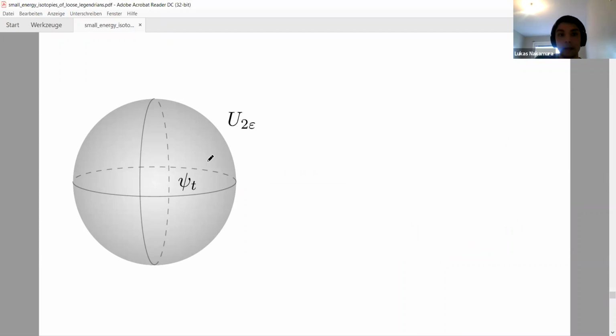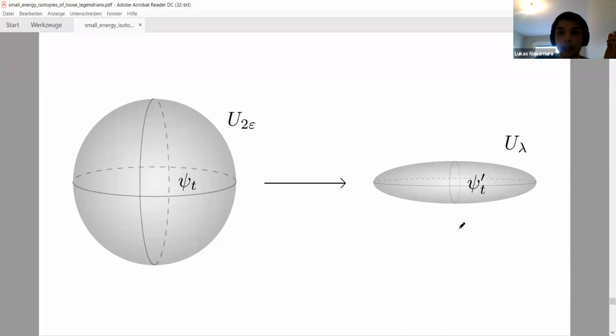Okay, so now let's just assume we have such a ball of height 2 epsilon, and inside of this ball we have an isotopy which has support inside of this ball. What we can do with this ball is we can squeeze it. So we can squeeze this ball of height 2 epsilon to obtain some kind of very thin ellipsoid.